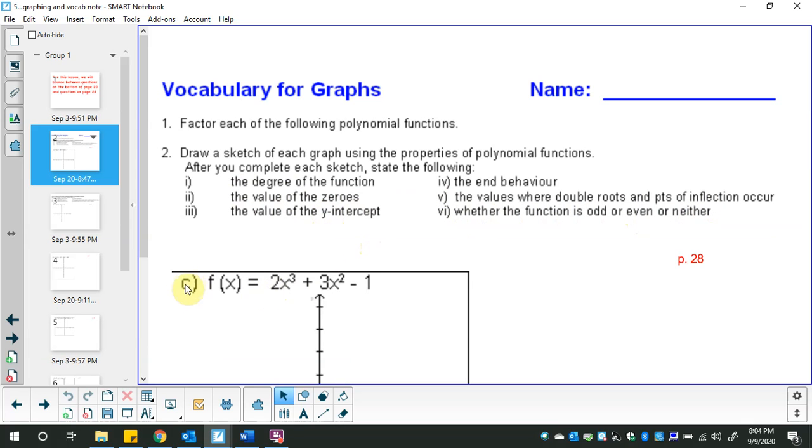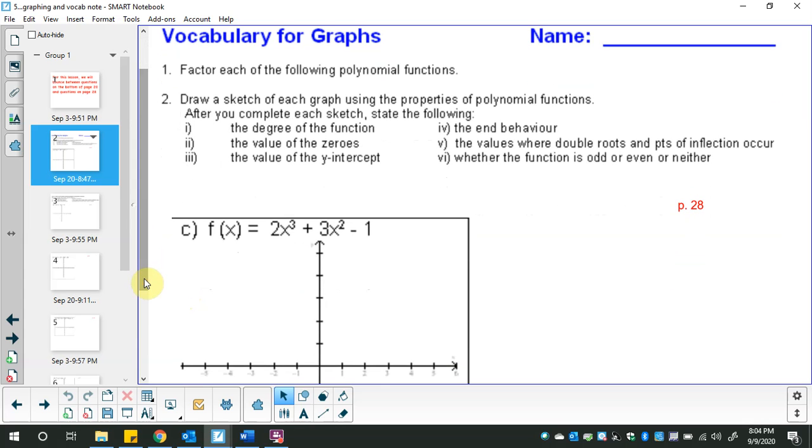So this question is question C off of page 28, and it's actually not factored already. It is considered to be, instead of in factored form, what is called standard form, meaning that there's no brackets, there's no multipliers.